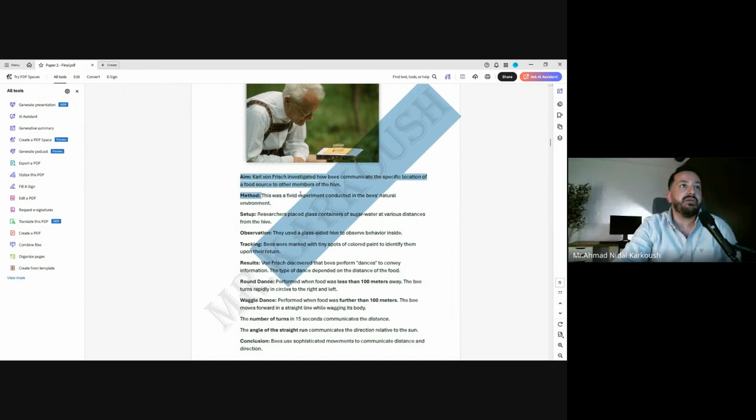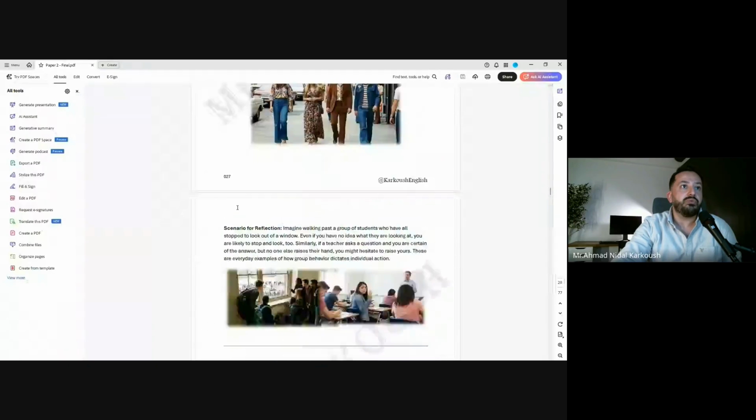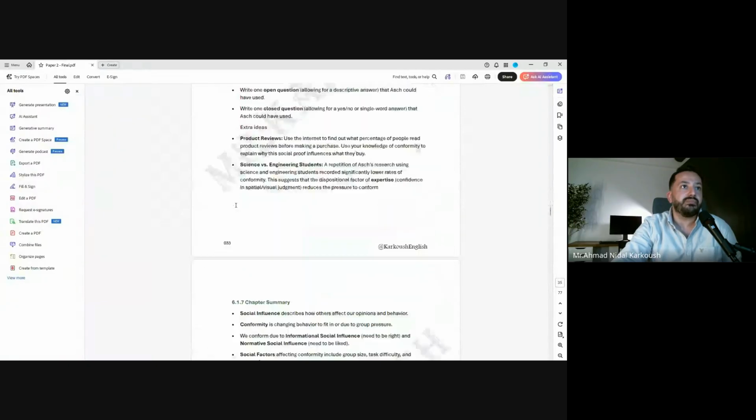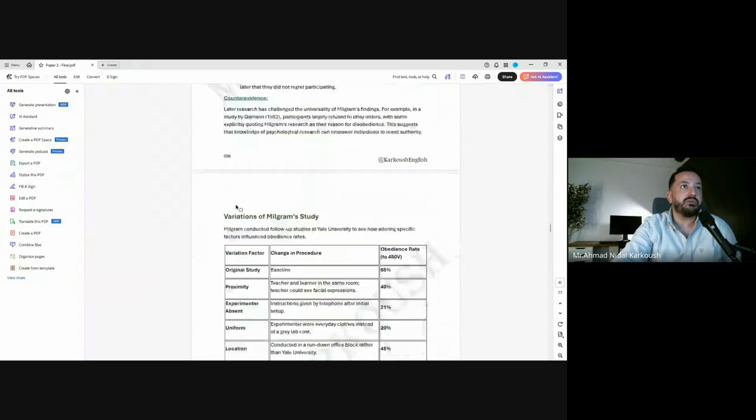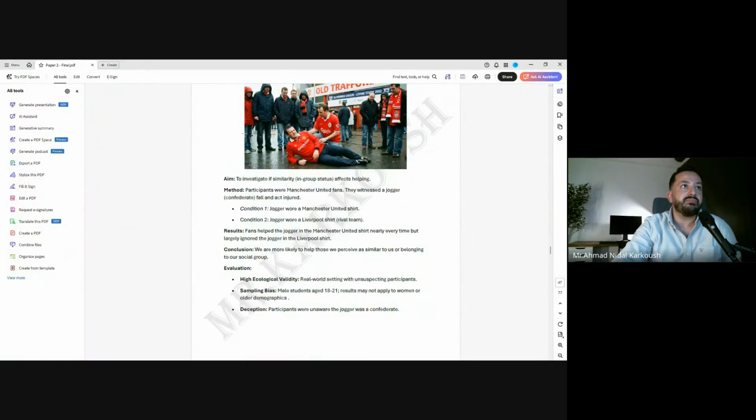This was a field experiment conducted in the bee's natural environment. Can you see it? Now, when we talk about the football one, where's the football one? This one, again, there were two conditions. So condition 1, the jogger wore a Manchester United shirt.